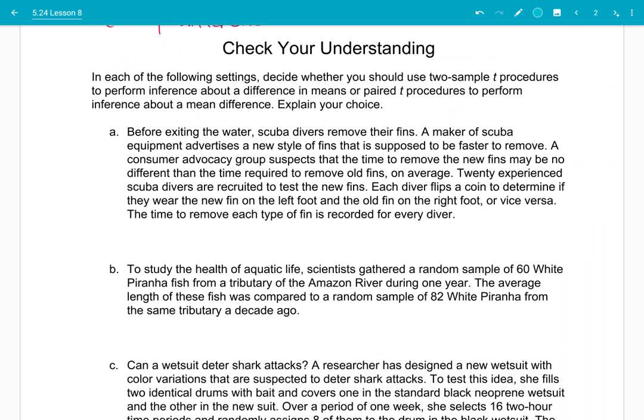In this situation, this should be a paired T procedure, because we have 2 measurements taken from 1 sample. And they are representing 1 population. Okay?